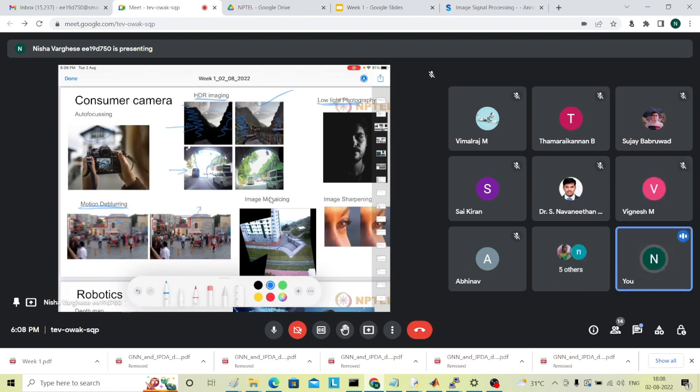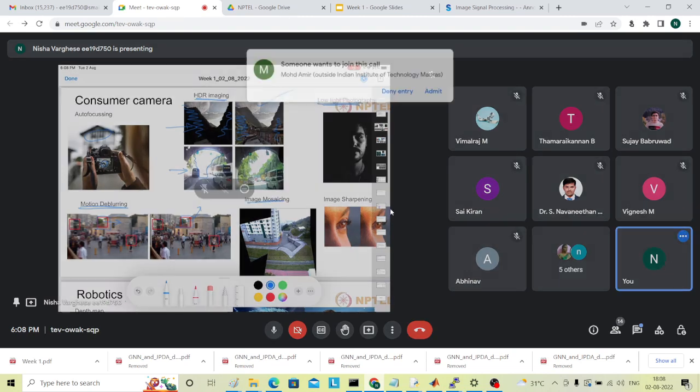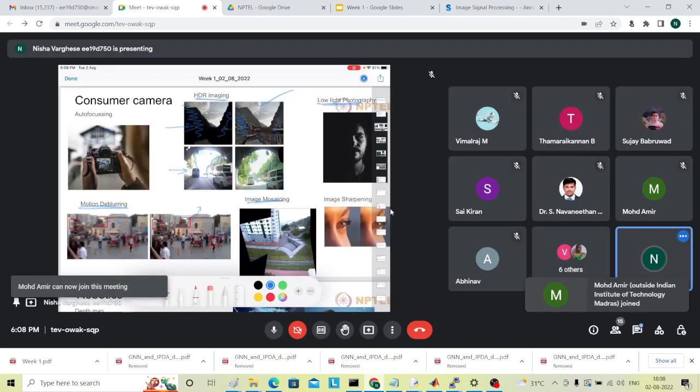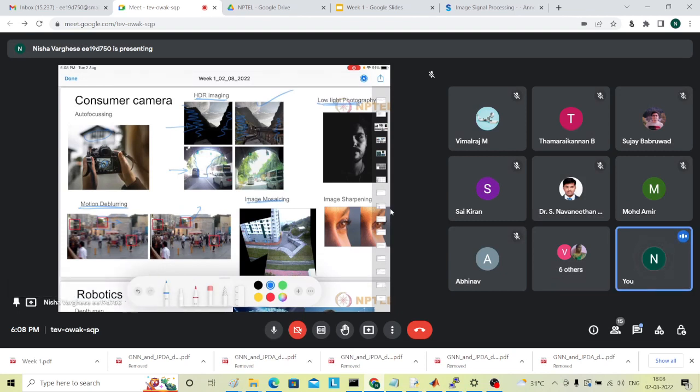Then comes image mosaicing. Image mosaicing is actually connecting different images. Say if we have 5 images captured with the same camera, but those 5 images are parts of the same scene. We have to stitch those images such that the field of view is large.